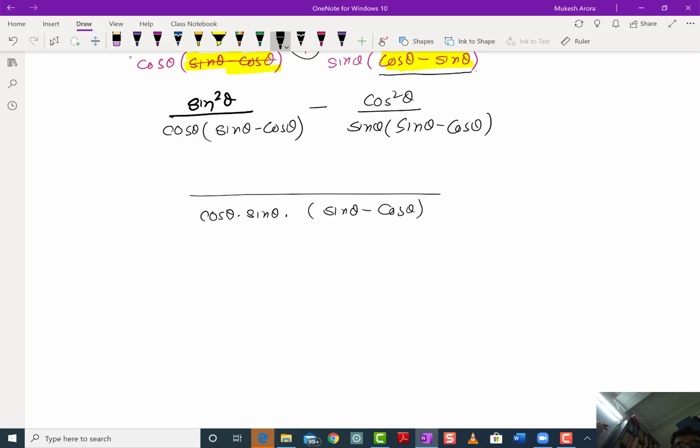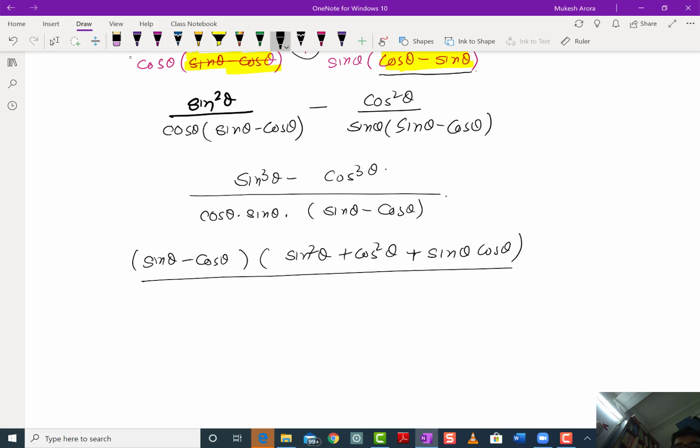It will be sin cube theta minus cos cube theta, which is sin theta minus cos theta into sin square theta plus cos square theta plus sin theta cos theta, upon sin theta cos theta into sin theta minus cos theta.